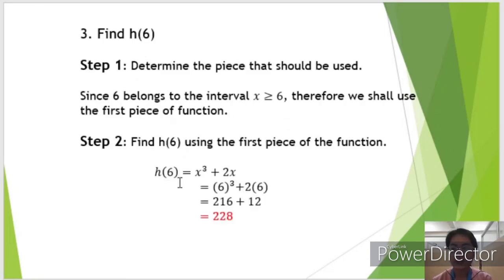So, solve h of 6 is equal to x cubed plus 2x. Again, substitute 6 to the variable x in the function. So, we have 6 cubed plus 2 times 6. So, 6 cubed is equal to 216 plus 2 times 6, that is 12. So, add 216 plus 12. So, the final answer is 228.